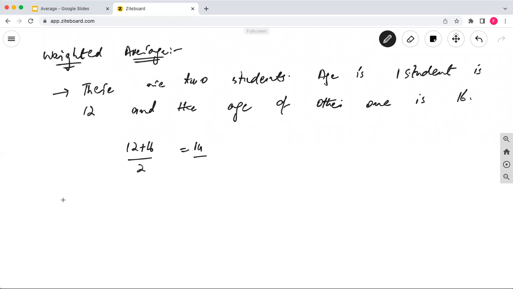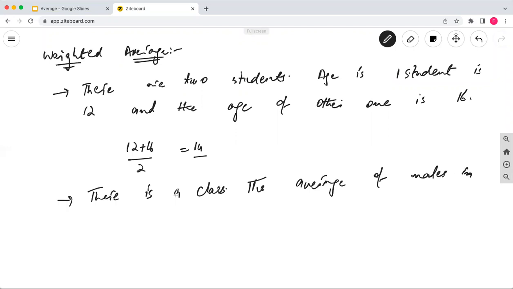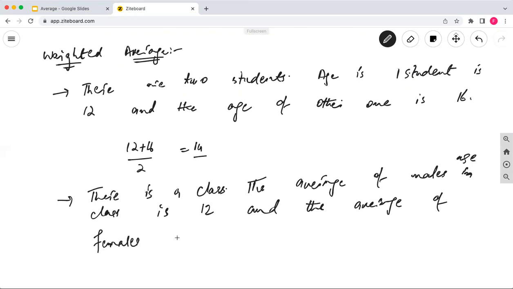But now if I change the scenario, if I say that there is a class in which there are some boys and some girls, and the average age of males in the class is 12 and the average age of females in the class is, for example, 16.